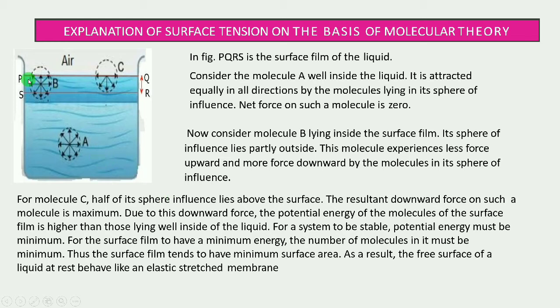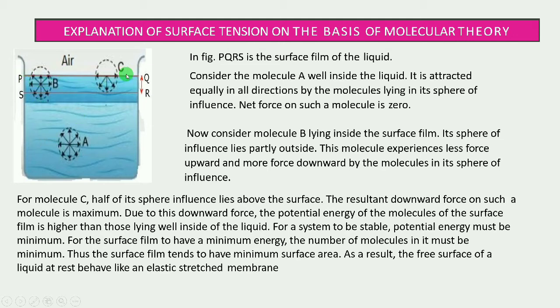So the number of molecules on the free surface of the liquid will be minimum, okay, because all the molecules on the free surface and just below the free surface are going inside the liquid because of the downward net cohesive force, and they are trying to minimize their potential energy.